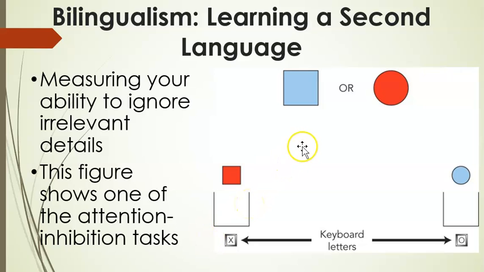However, children that are bilingual or are speaking two languages, they have better inhibition. In other words, they're more likely not to press the X because they've learned, by learning a second language, how to quickly distinguish between two different things. Okay? So learning a second language, being bilingual, helps you in other tasks other than just language.